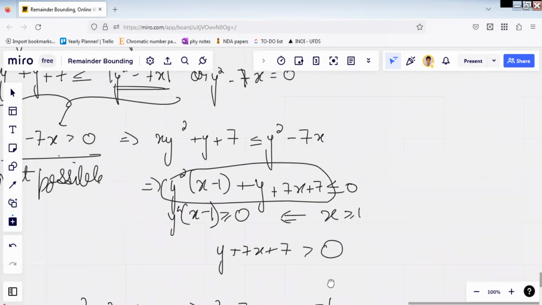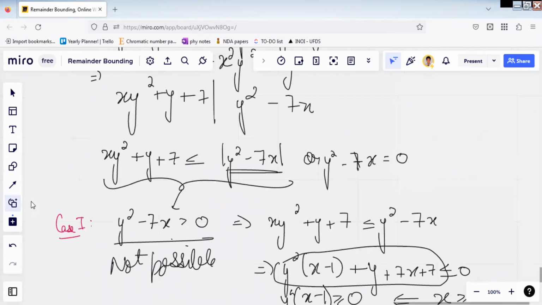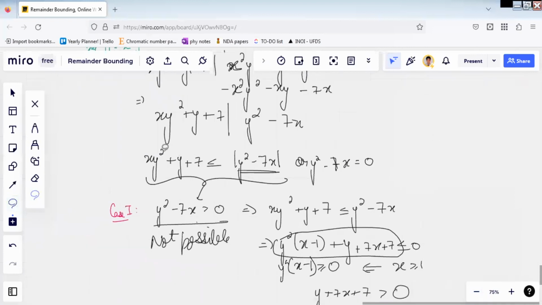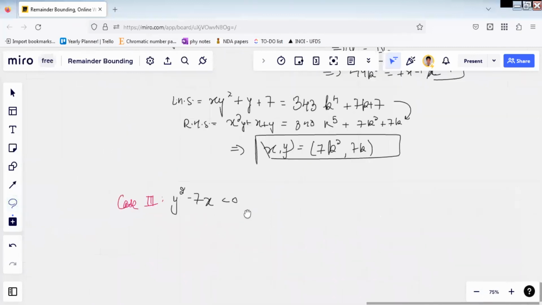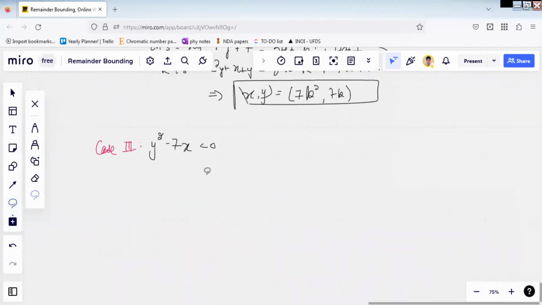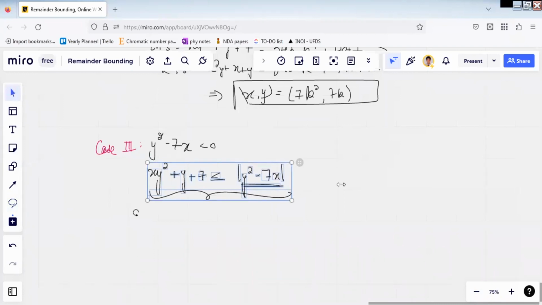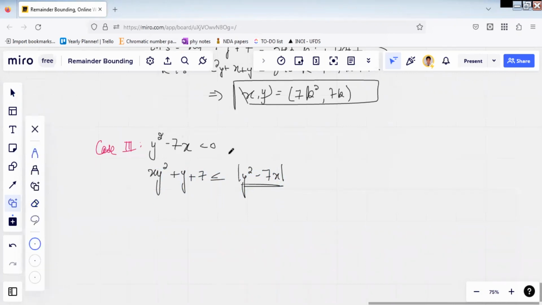Then since y square minus 7x is less than 0, the modulus should be 7x minus y square. Try to do this case on your own, maybe as homework. It's not that direct. I mean, it's just one line more. So yeah, try to do this on your own.